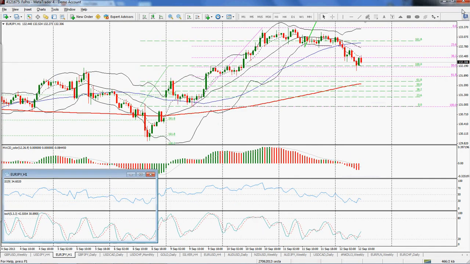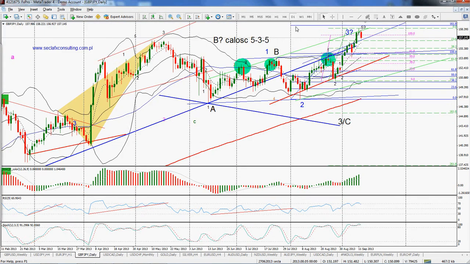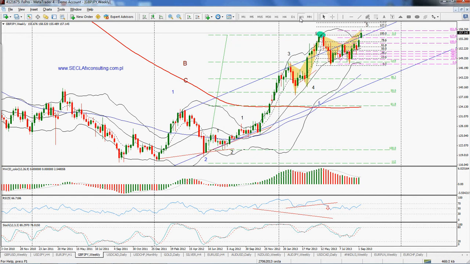Okay, let's have a look at the Japanese yen, Great Britain pound Japanese yen. On a weekly chart, I was talking about this butterfly pattern, and this butterfly pattern has reached this 161 Fibonacci level, very typical for butterfly patterns. Okay, I usually locate them based on my experience.